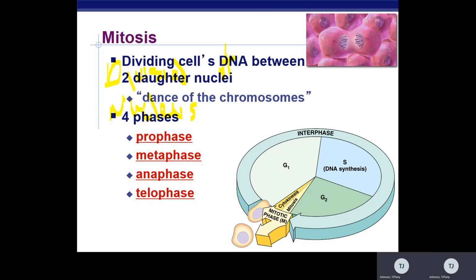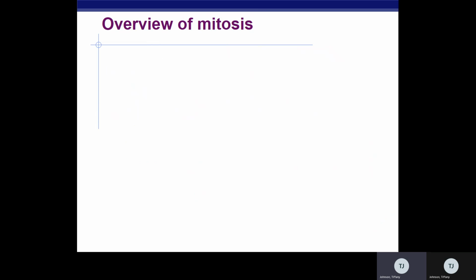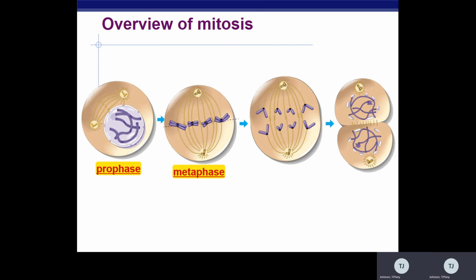Metaphase, anaphase, telophase. So we're going to go through each one. So just as your definition for mitosis, just write division of the nucleus. That's all it is. It's division of the nucleus. I'm not going to make you draw that because you're already going to draw it.